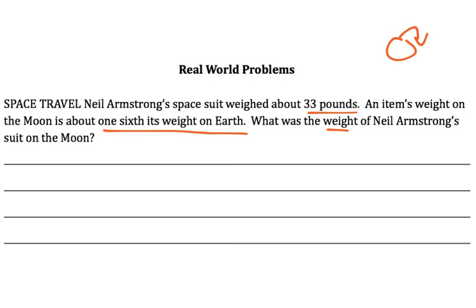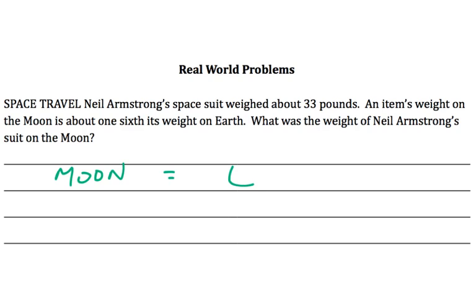I'm bringing that up only because as you do this problem, what you find out should be the same as what makes sense to you. So let's compare the moon weight somehow to the weight on Earth.